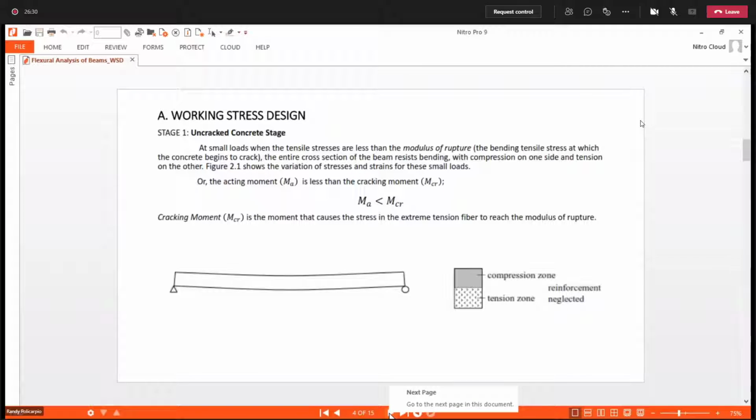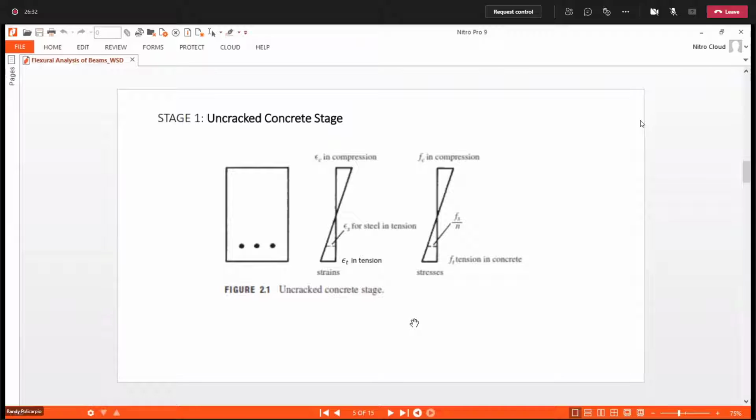Okay, so this is now showing us the stress strain diagram. For the strain, as mentioned, we can determine the stresses.